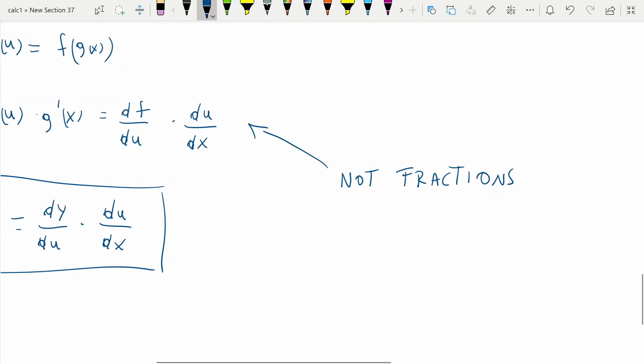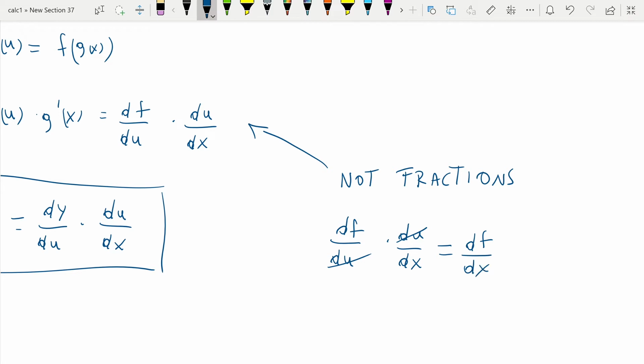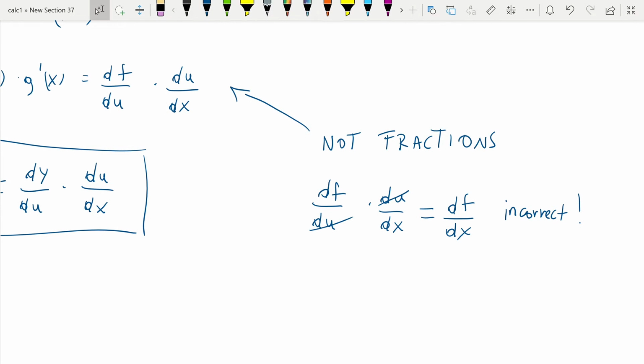In particular, you cannot simplify this to obtain that. So this is incorrect. You cannot simplify the du's here.